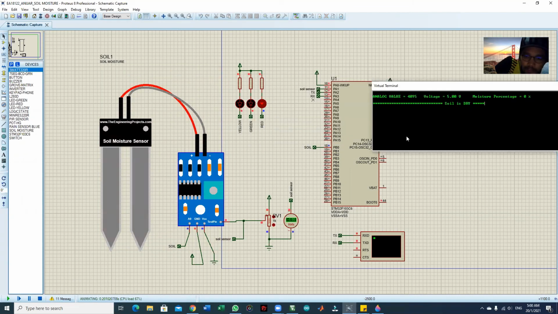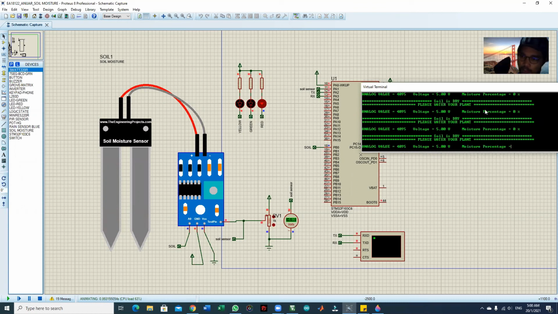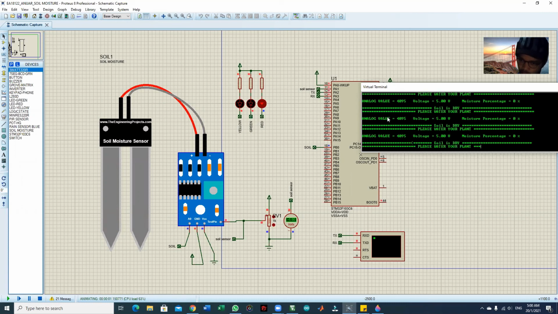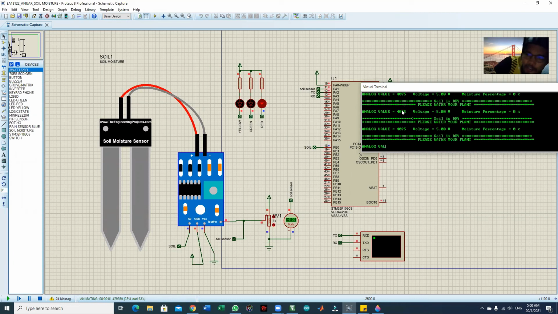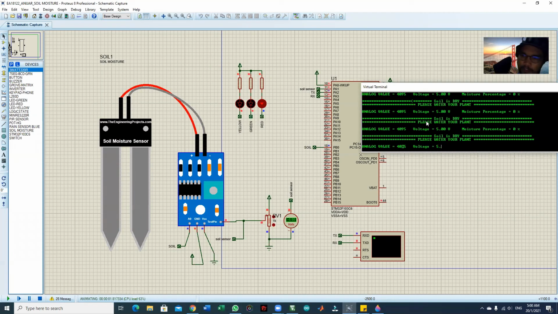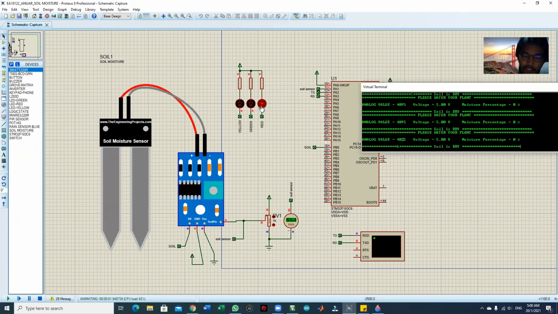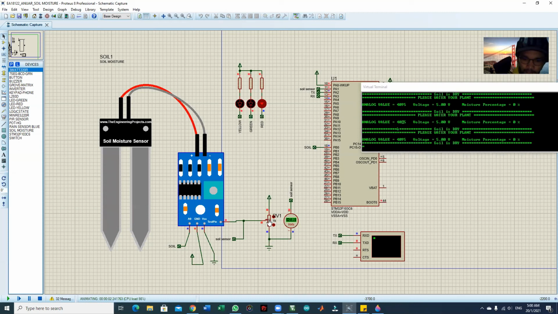As you can see, the voltage here on Proteus displayed 5, and the serial monitor displayed 5. When the voltage is 5, that means the soil is dry, so the moisture percentage is 0, and the analog value is also high, because the variable resistor is at maximum value. So please water your plant, and the red LED will be displayed. Let's move to the middle part.